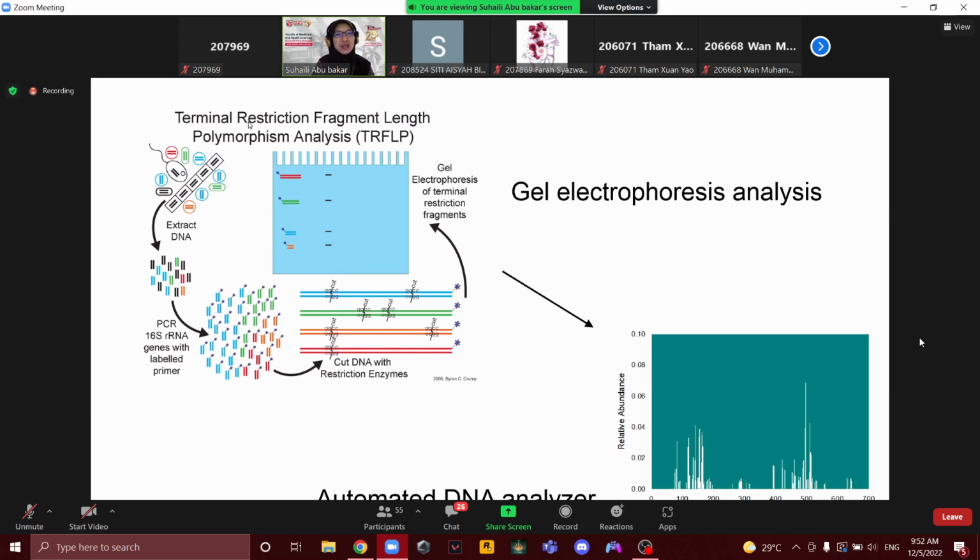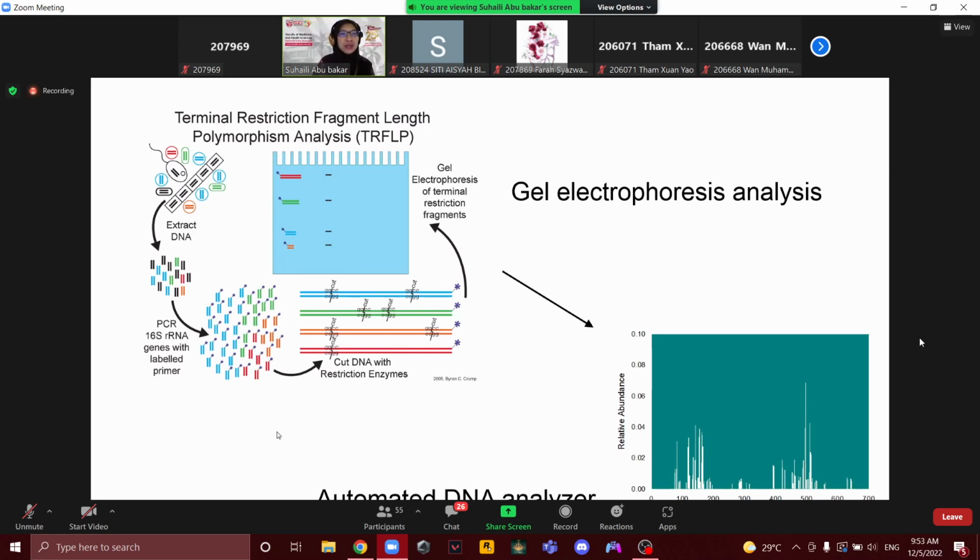So that's not the normal gel electrophoresis, it's automated DNA analyzer electrophoresis. Okay, it also electrophoreses, but not using the tank that we have in the laboratory. So that is the difference between standard gel electrophoresis and this one, the automated DNA analyzer.